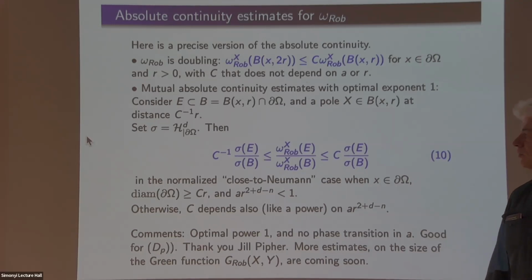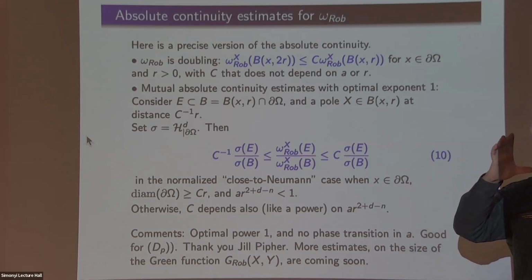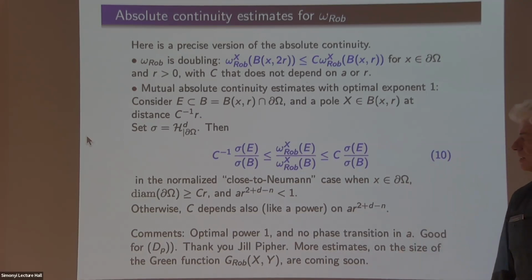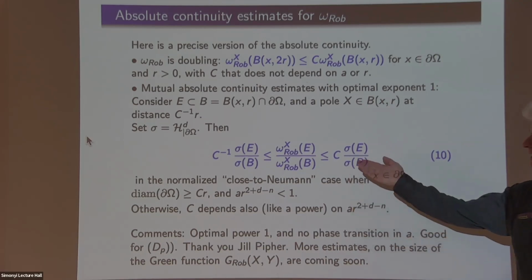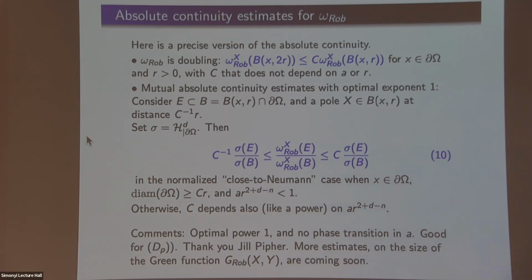At least this is for balls of radii, let's say, less than 1. And when the radius is larger than 1, I cannot say this. I can say this, but with a constant that depends on the radius, and essentially it's a bad estimate. I can add a power, but the truth is that I'm getting closer and closer to the Dirichlet situation. In the case of the Dirichlet situation, we know the theorem is wrong.